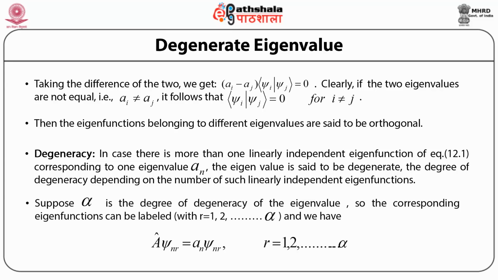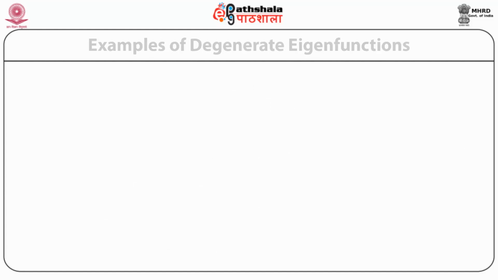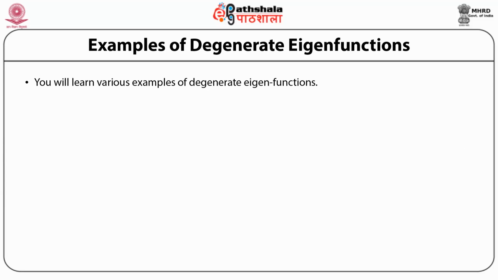Suppose alpha is the degree of degeneracy of the eigenvalue, so the corresponding eigenfunctions can be labeled with r equal to 1, 2 and so on till alpha, and we have operator A acting on psi n r is equal to a_n psi n r, where r is equal to 1, 2 and so on till alpha. You will learn various examples of degenerate eigenfunctions.